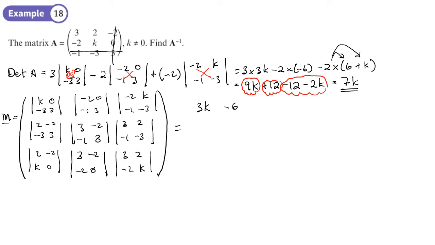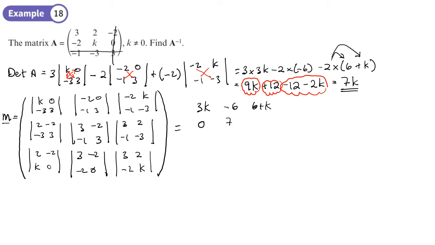The next one is going to be 6 minus negative k, so 6 plus k. Next one, going down to the second row, 6 minus 6, yes, that's 0. Next one, that's a 3. I thought it was going to be an 8, that's a 3 I wrote there. So that's going to be 9 minus 2, so that'll give me 7.